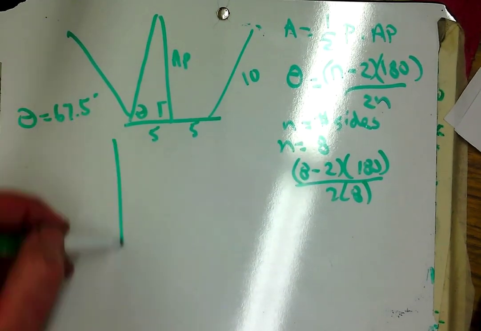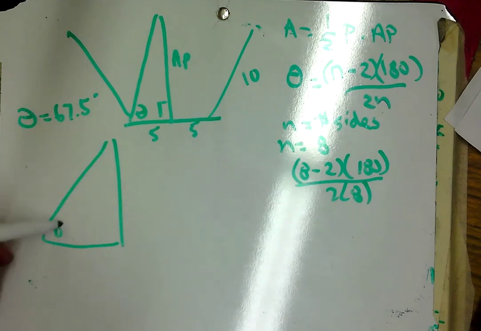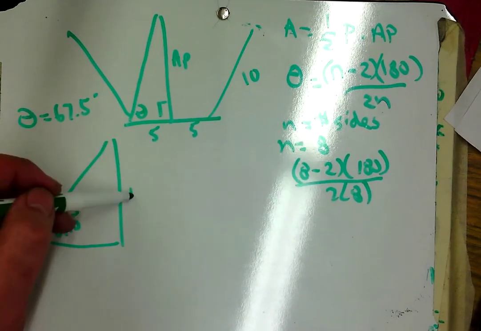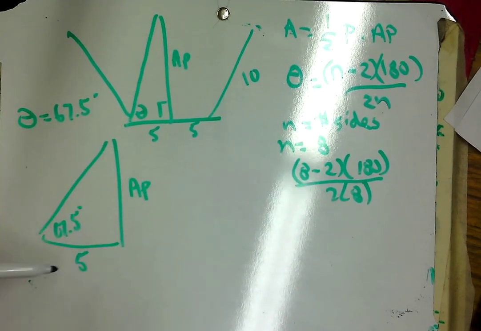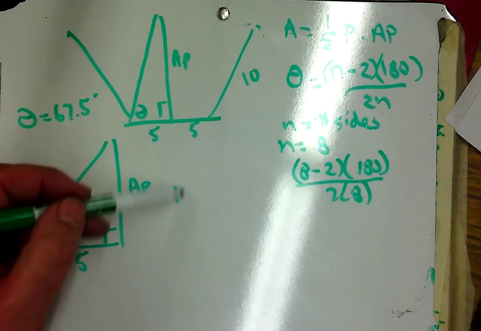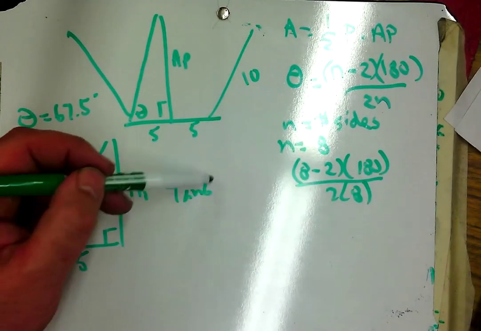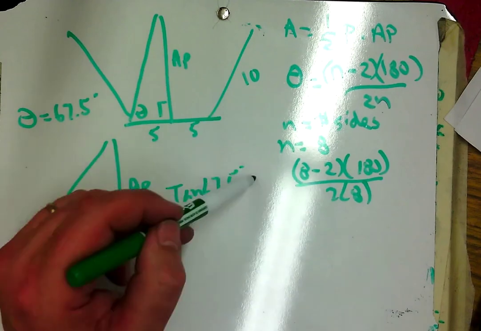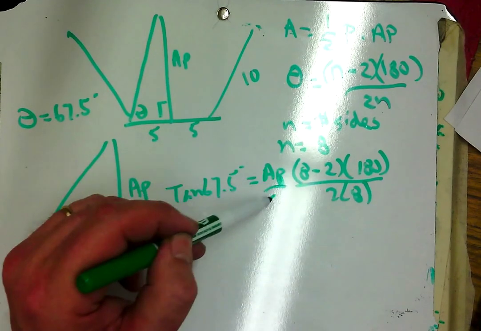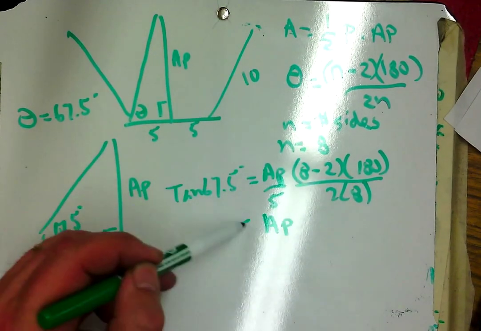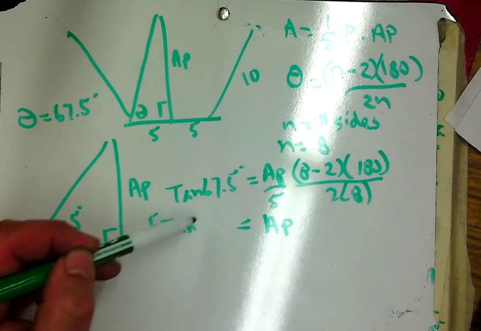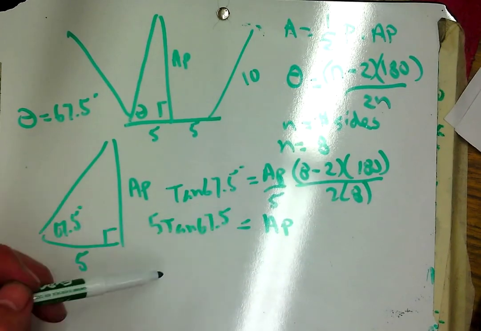So now I've got this triangle, 67.5 degrees, apothem, 5. I can write a tangent equation. Tangent 67.5 equals apothem over 5. And so apothem is 5 tan 67.5.